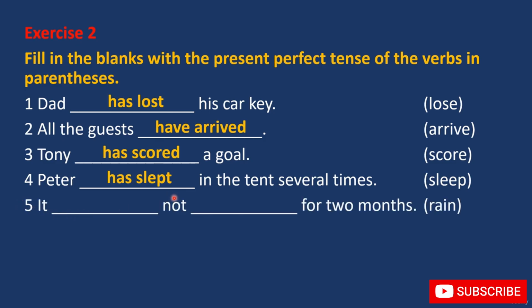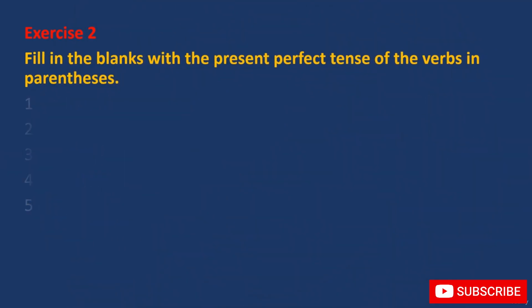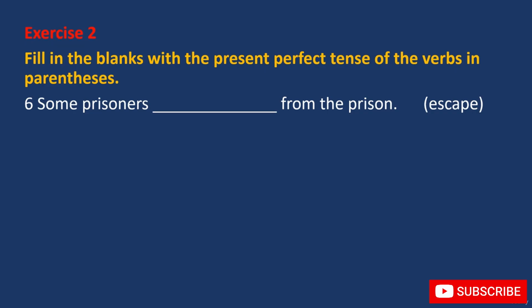It not for 2 months. It has not, so has, and here has not, hasn't, rained for 2 months. Perfect. Some prisoners from the prison.